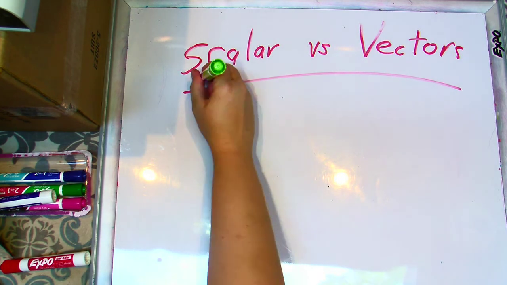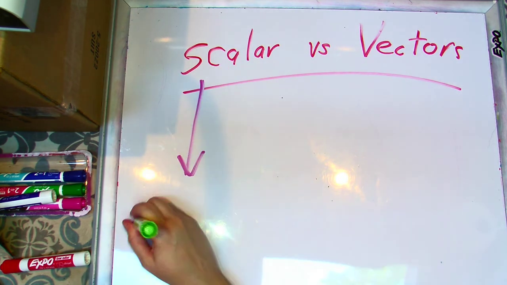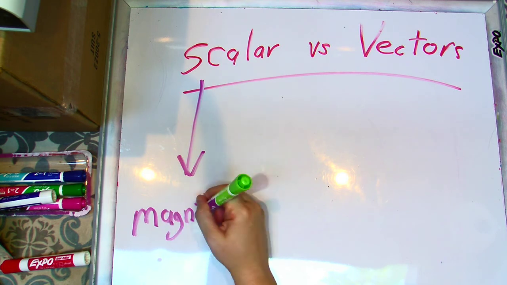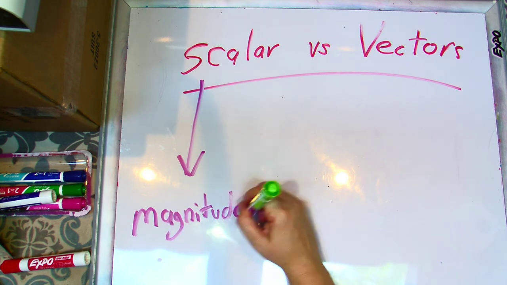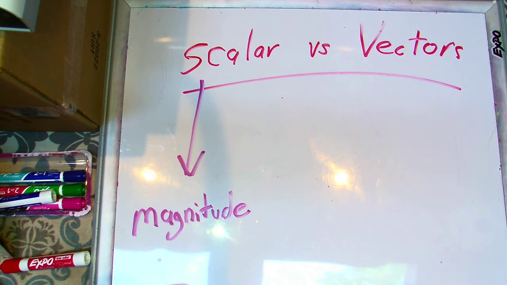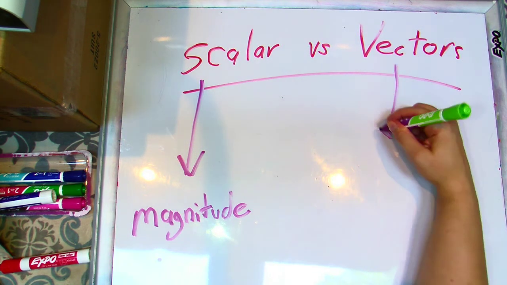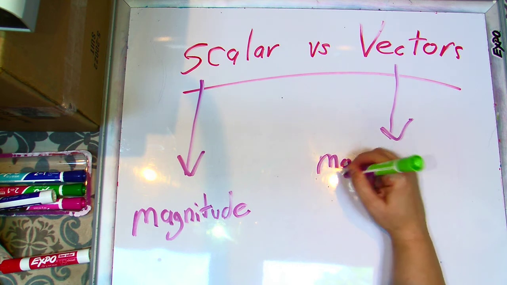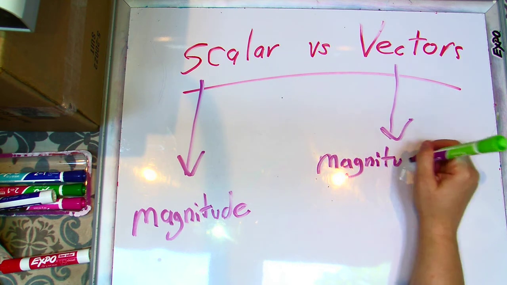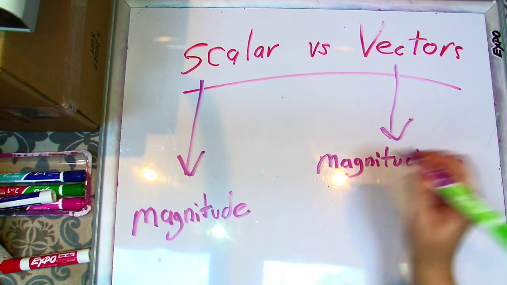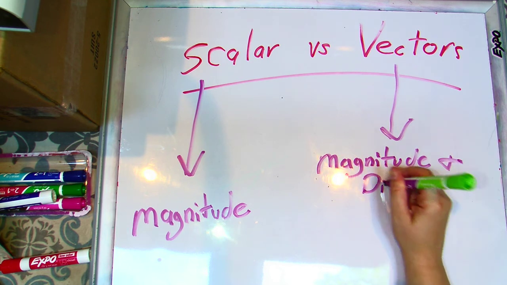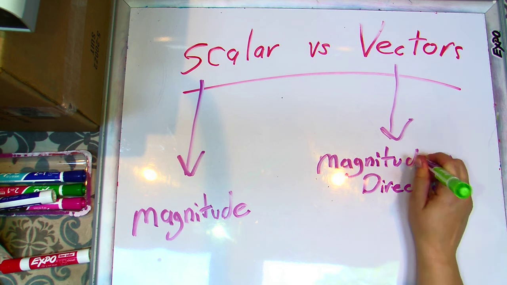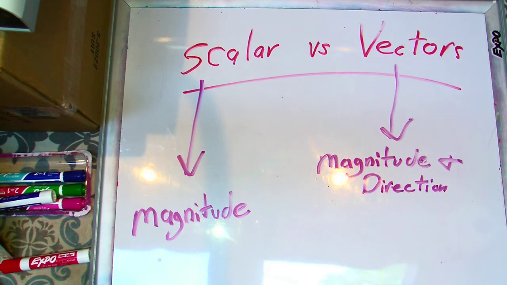A scalar quantity only has magnitude, whereas a vector quantity has magnitude and direction. So that's the difference between these 2.